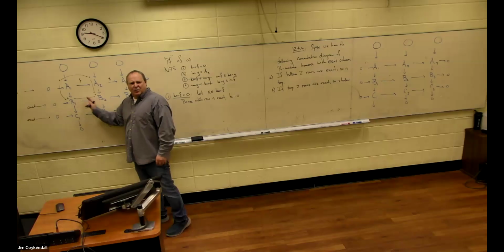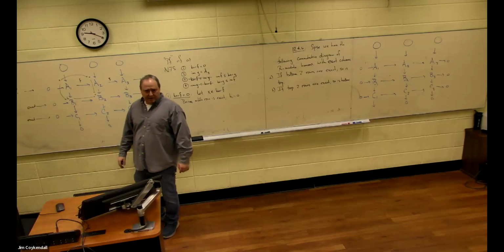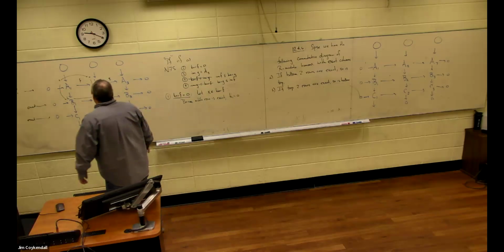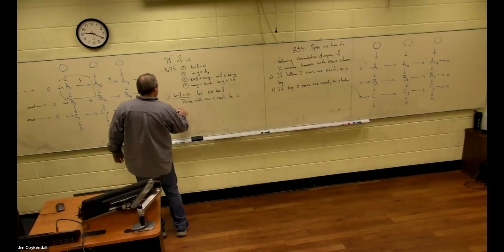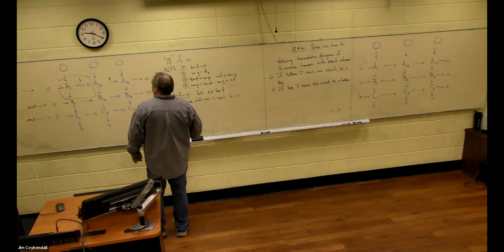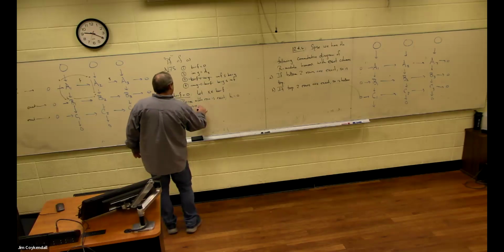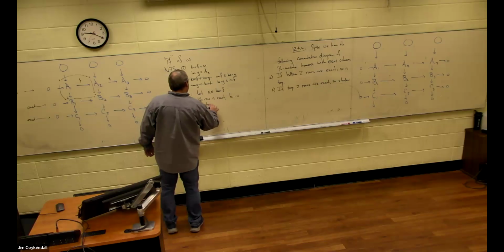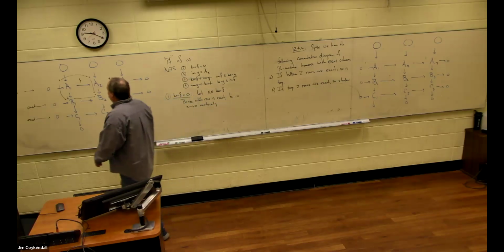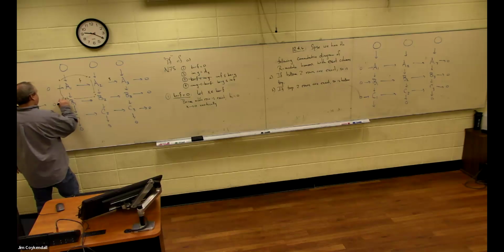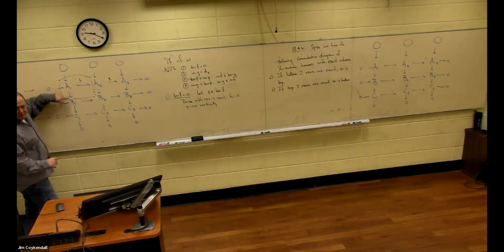Do I agree with that? And this is one-to-one, so B1 has to be 0, right? Therefore X goes to 0 vertically. So B1 is 0. Well, what do you know about this? It's also one-to-one because the columns are exact, right?